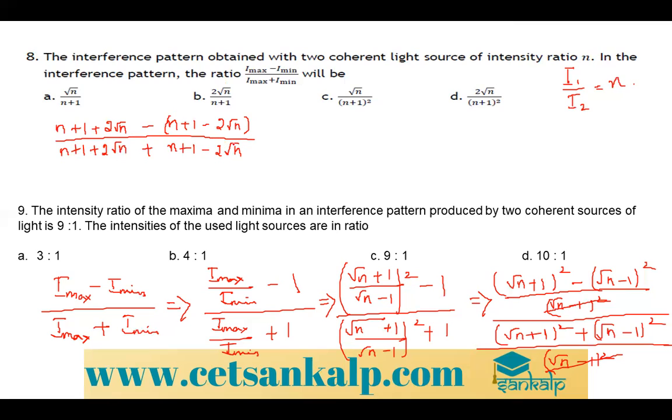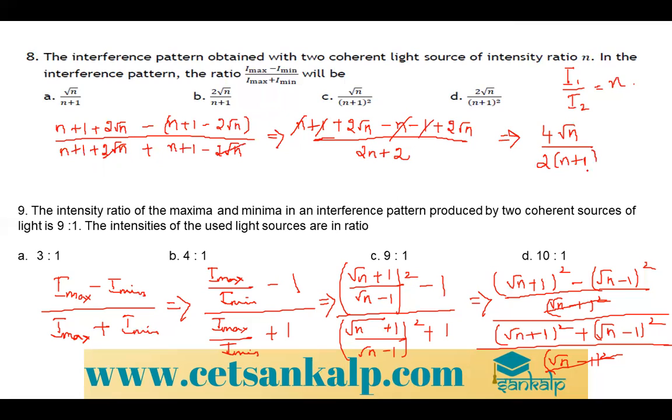So here minus 2 root n and plus 2 root n cancel. What remains is n plus 1 plus 2 root n minus n minus 1 plus 2 root n divided by 2n plus 2. So n and 1 cancel, and what remains is 4 root n divided by 2, common n plus 1. The 2 ones are 2, 2 twos are. So the answer is 2 root n divided by n plus 1.